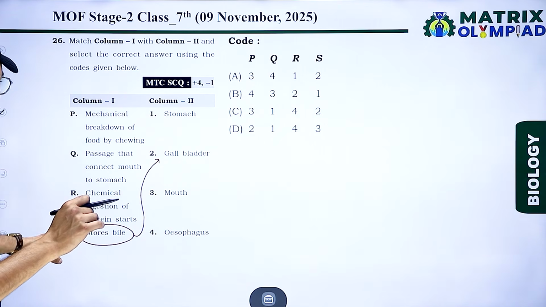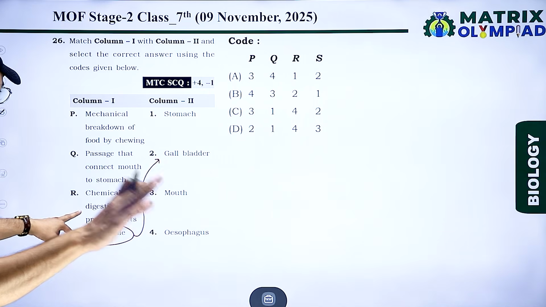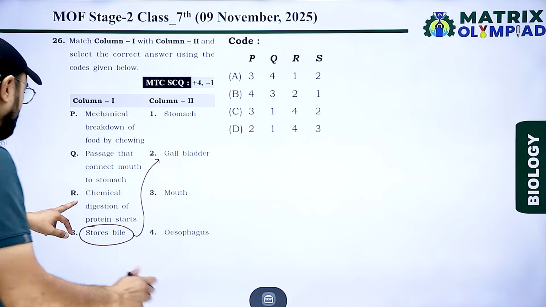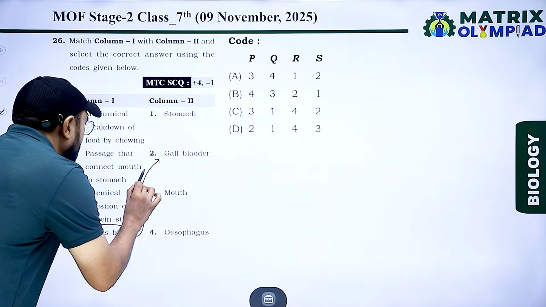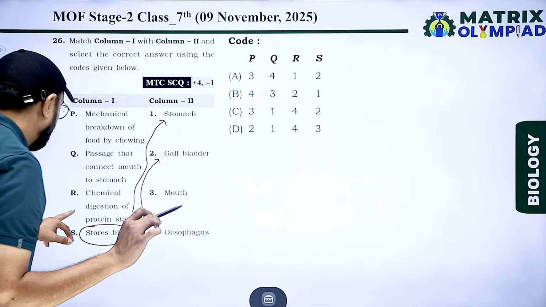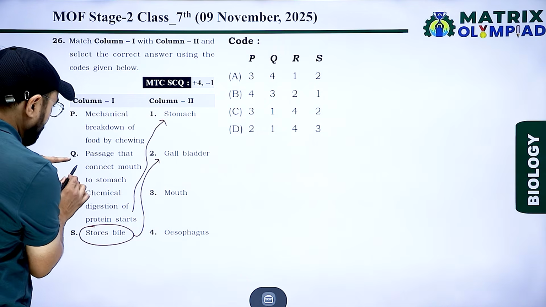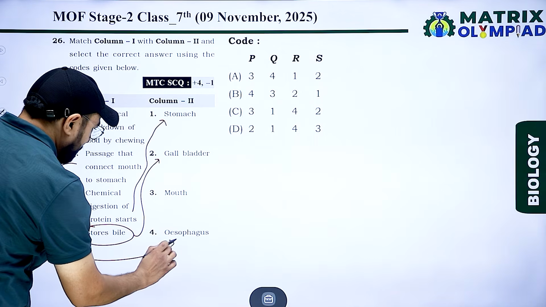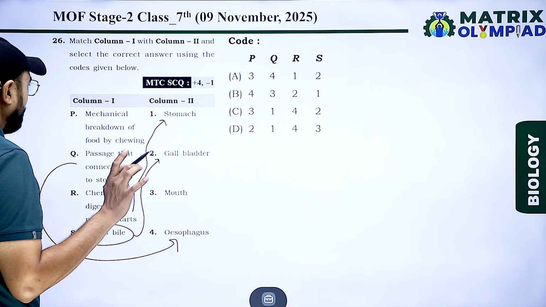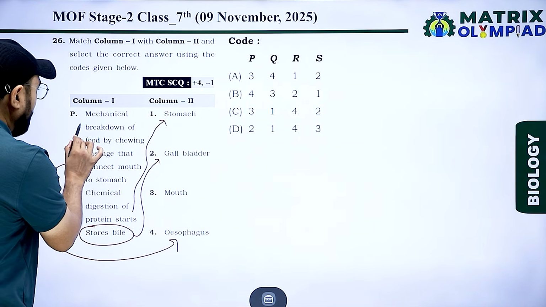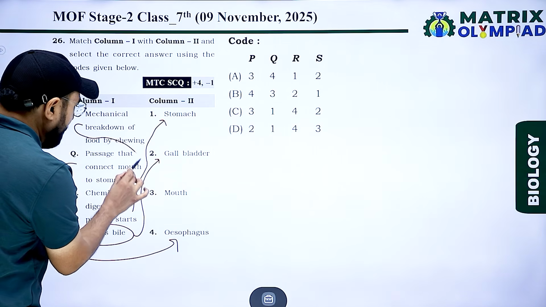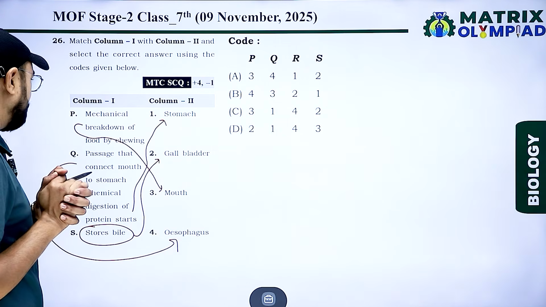Correct. Next, chemical digestion of protein starts in the stomach, that is right. And passes food from the mouth, that is the food pipe, the esophagus. And mechanical breakdown of food by chewing, that is the mouth.